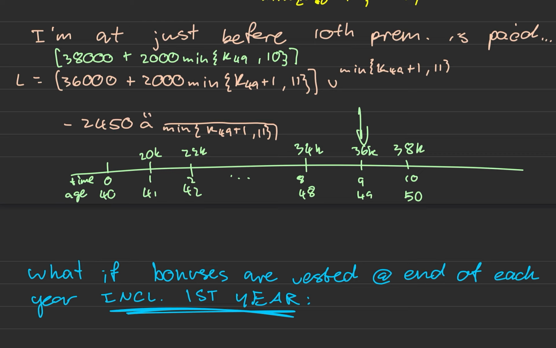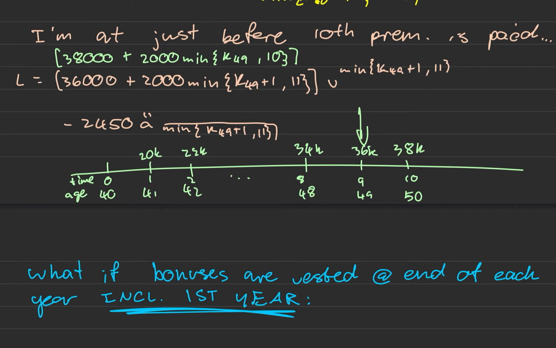What I'm then saying is that my base sum assured will still be 20,000, but if this person makes it to the end of the first year, then I'm going to make this increase within this first year, and the sum assured at that point in time is 22,000. But if they die within the first year, they're still going to get 20,000.